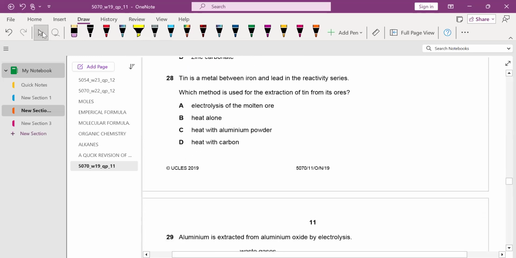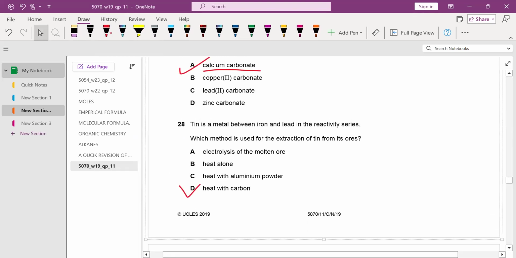Question number 28. Tin is a metal between iron and lead in the reactivity series. Which method is used for the extraction of tin from its ore? For extraction of tin from its ore, heat it with carbon. So option D is correct for question number 28.